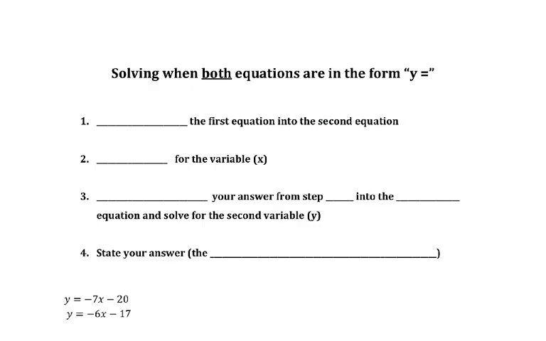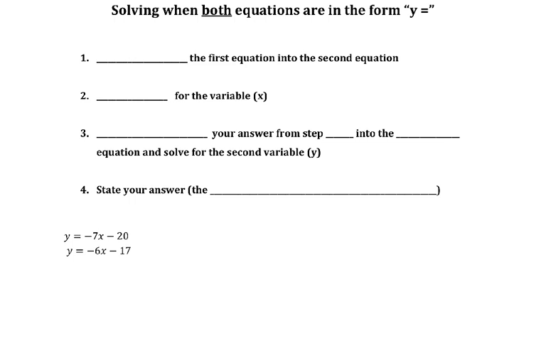Our first type of example is solving when both equations are in the form of y equals. So what we're going to do is plug the first equation into the second equation. We are then going to solve for the variable, which is going to be our x value.